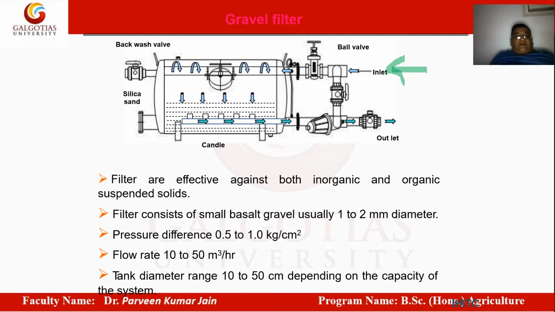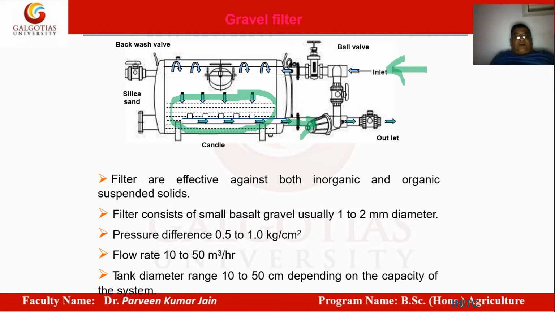Once the water goes inside this filter, any impurity such as organic matter, algae or filaments gets stuck in the media here. This is the sand media, and the clean water is taken out from here.